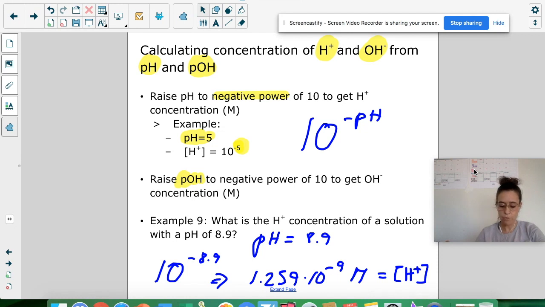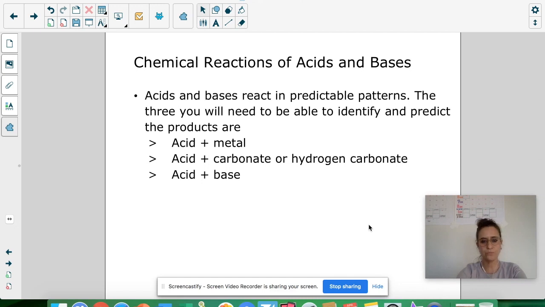If you want to find the concentration of the hydroxides, you should do the same thing. If they give you the pOH, the concentration of the hydroxides is going to be 10 to the power of the negative pOH.